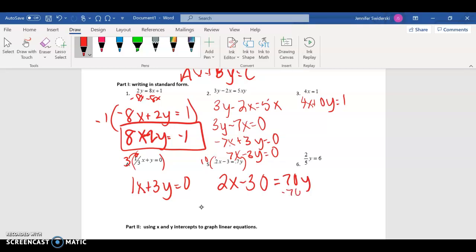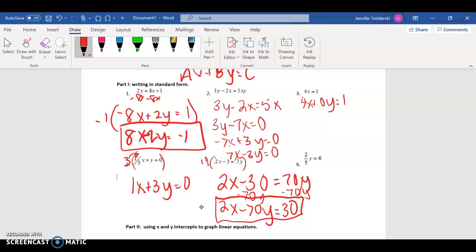So I'm going to subtract 70y on both sides. So I get 2x minus 70y is equal to, I'm going to add 30 on both sides, 30. That'll work. ax plus by equals c. As long as your x and y's are there, they're both integers, they're not fractions, they're not decimals, and a is positive, you're good.